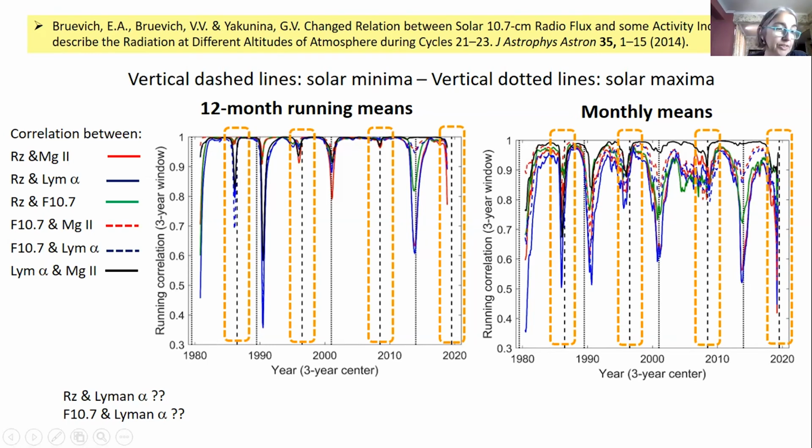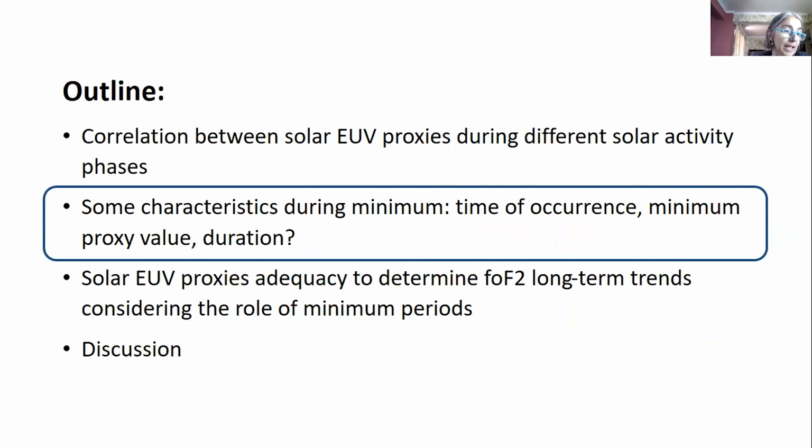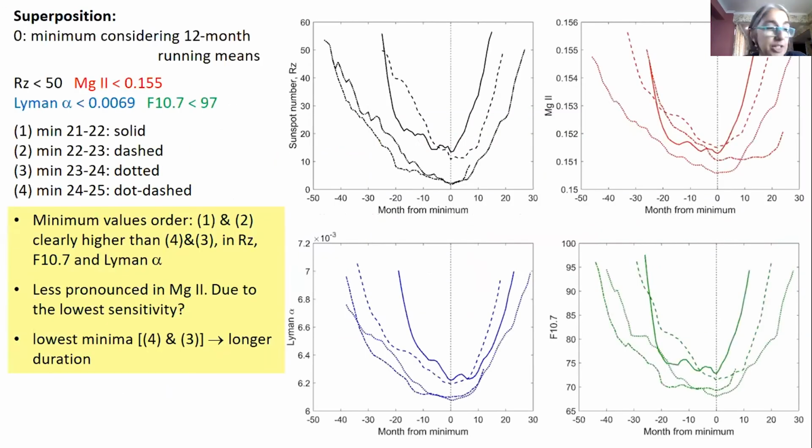Let's move now to some characteristic during minimum. We consider here each solar proxy separately in order to analyze some features of their behavior. We have here a superposition of the 4 minima, considering the 12-month running means: black for sunspot number, red for the magnesium 2, blue Lyman alpha, and green F10.7. 0 corresponds to the time at which each index reaches its minimum value at each minimum period.